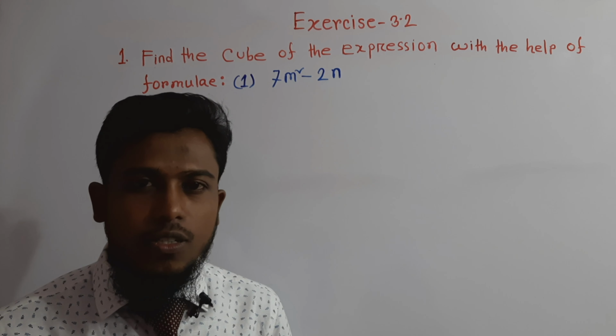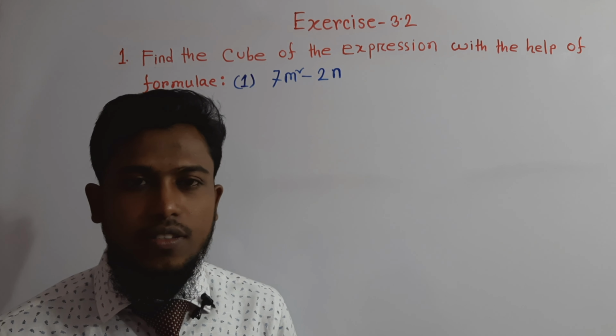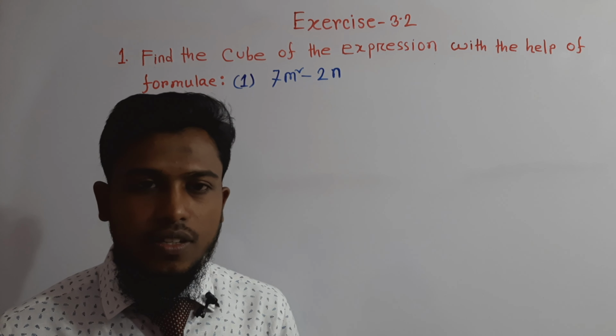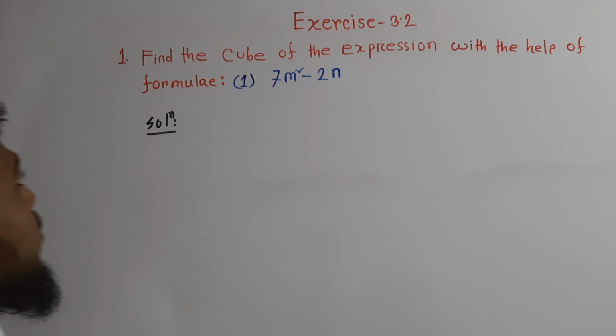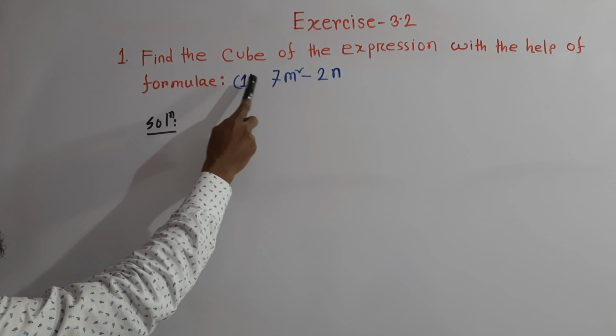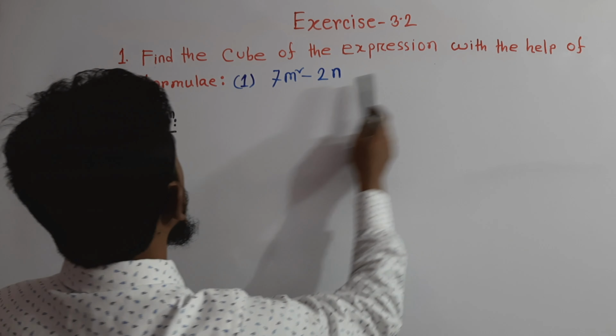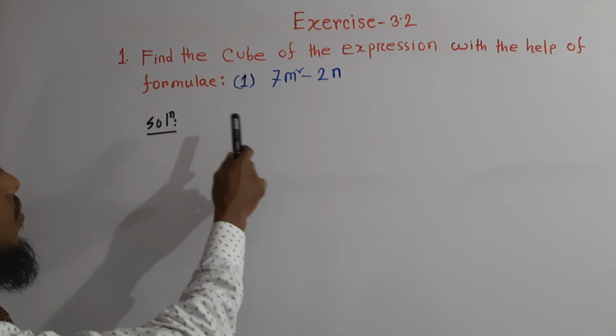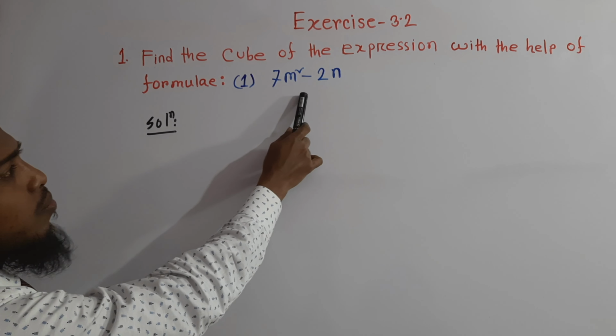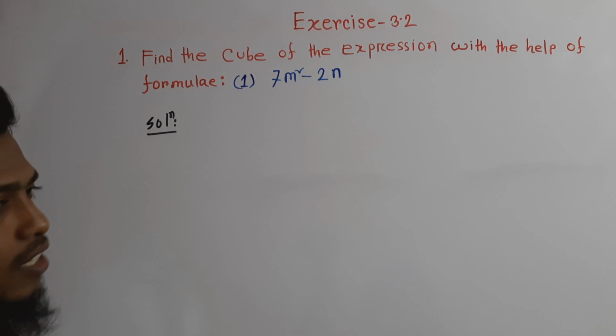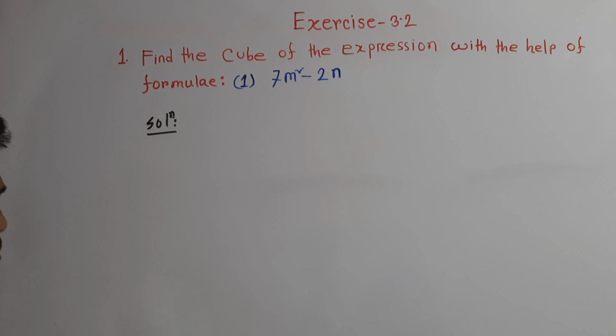My dear student, today I will discuss exercise 3.2. Our first question: find the cube of the expression with the help of formula. 7m square minus 2n. Let us solve this question.